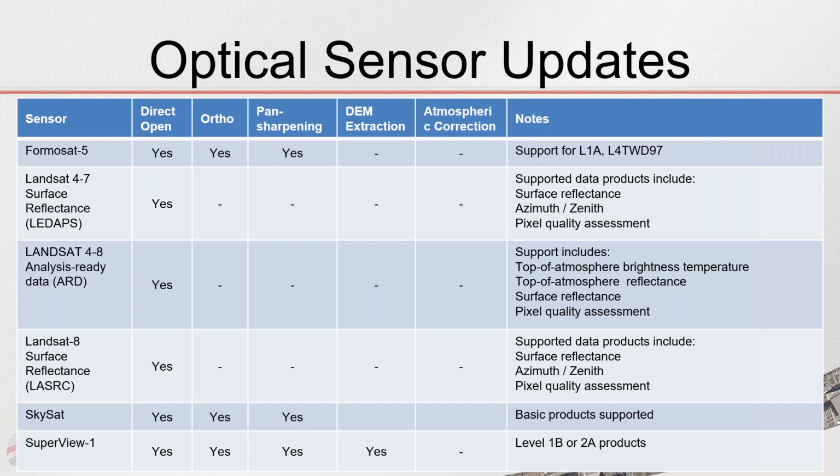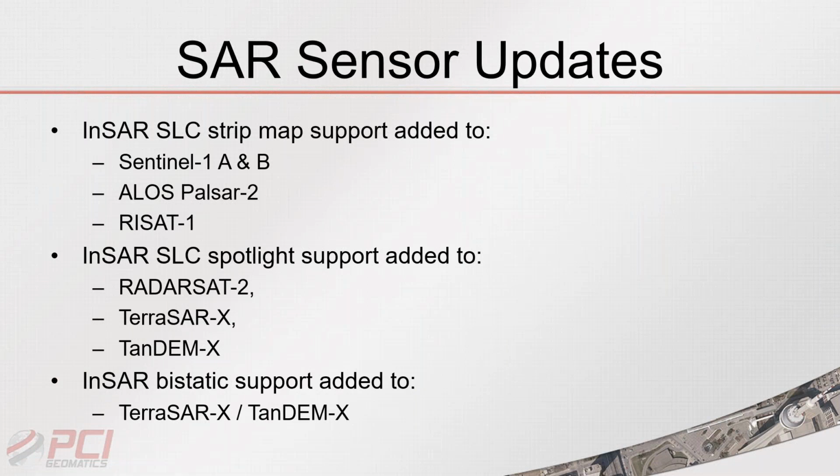We have a detailed, dedicated page where we keep track of the support that we have for the different sensors, which we do keep up to date, and also the what's new documentation for 2018 will give you the information for what sensors are supported and to what level of processing we can support the data. Specific updates to radar sensors: strip map for Sentinel, ALOS, and RISAT, SLC Spotlight, and bistatic, as mentioned already.